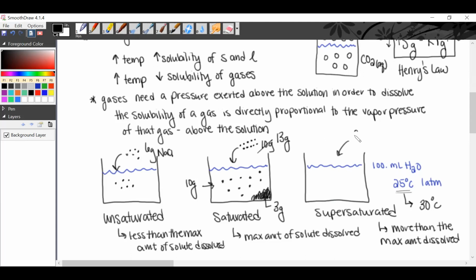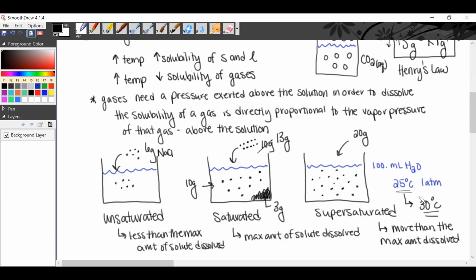So maybe now I can get like 20 grams of it to dissolve. I was trying to make each dot represent a gram, but who cares. If I heat this, I can get more than the maximum amount to dissolve.